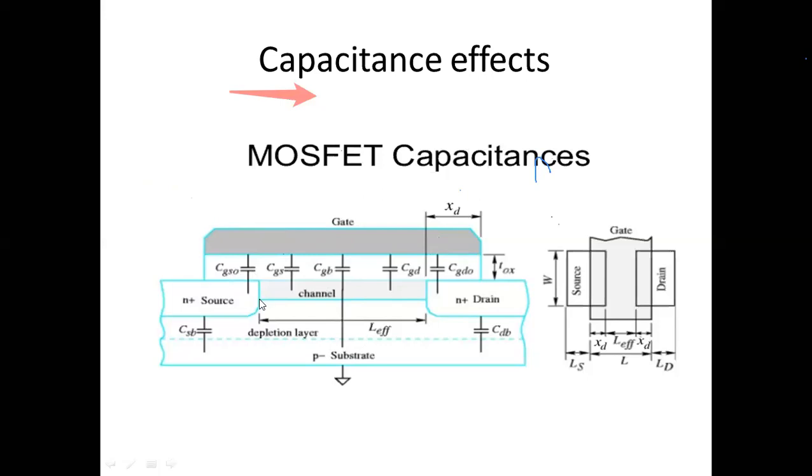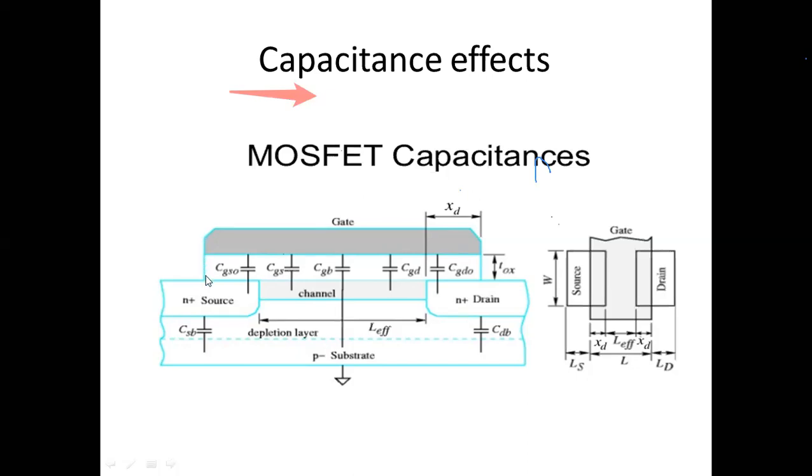See, this is the channel. This channel end is touching the source and this channel end is touching the drain. But what is happening with this gate? The gate is not exactly at this end.